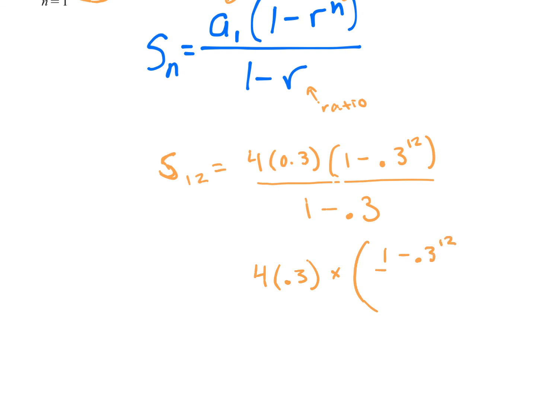If you do it in this order, I think you should be fine. You just have to be careful when putting it into the calculator. 1.71. Thank you, Leo. Sorry, it's kind of hard to hear on Zoom. 1.71.